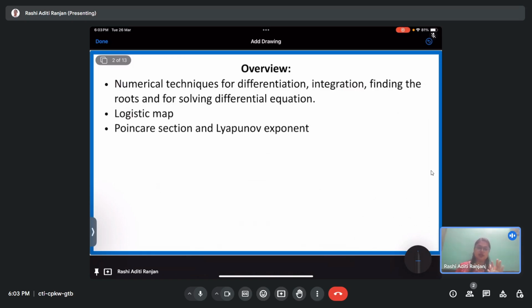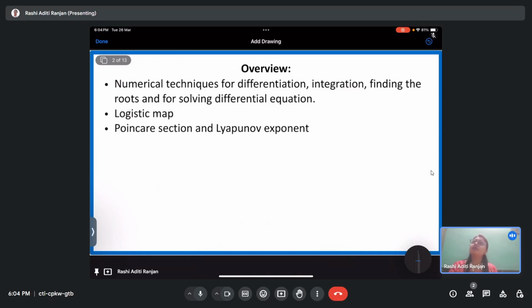So firstly, why is the numerical technique required? As we know, if our equation is simple, even nonlinear, we can compute its differentiation, integration, or for that matter its roots, or we can solve the differential equations.